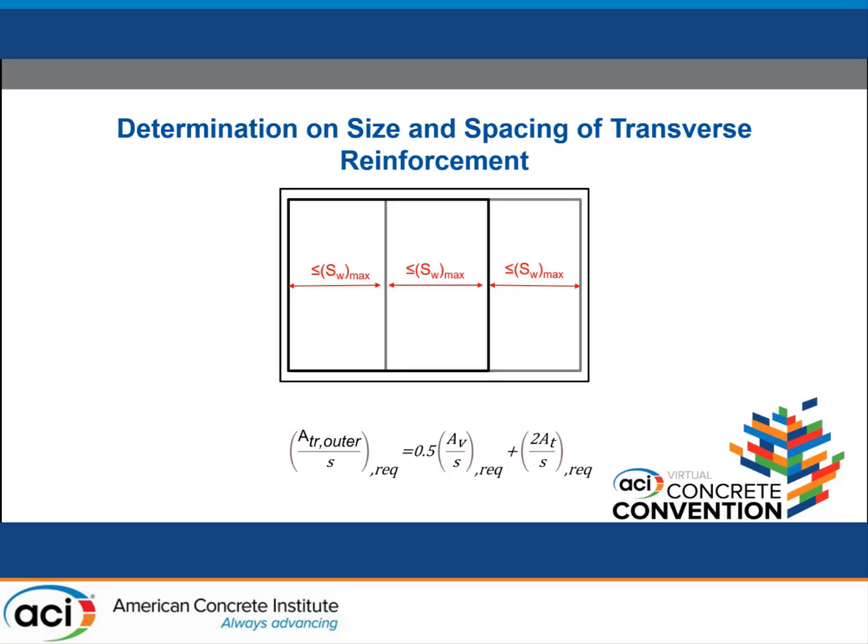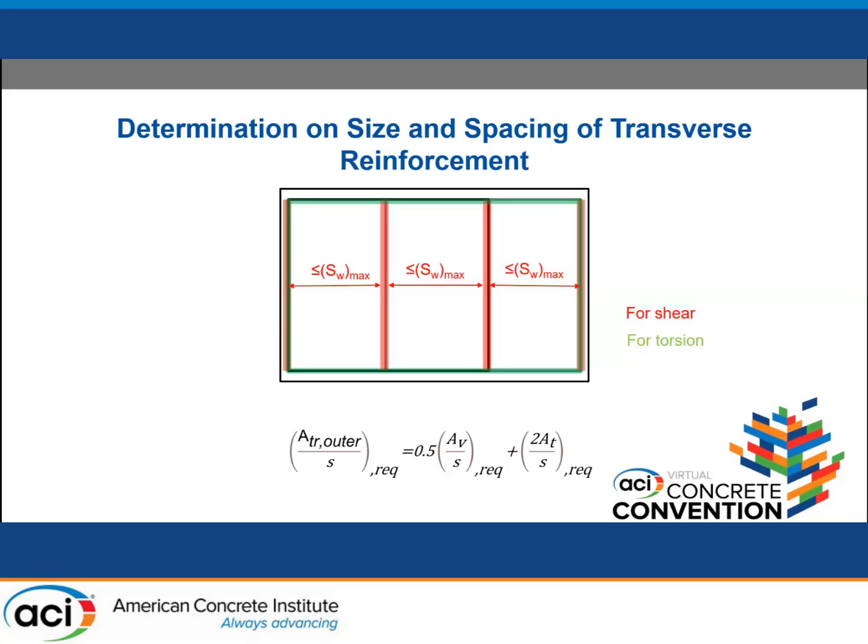If you consider the nodal resistance mechanism for shear, there will be 4 legs effective to take the shear. But for torsion, there is only one loop that is effective to take the torsion.